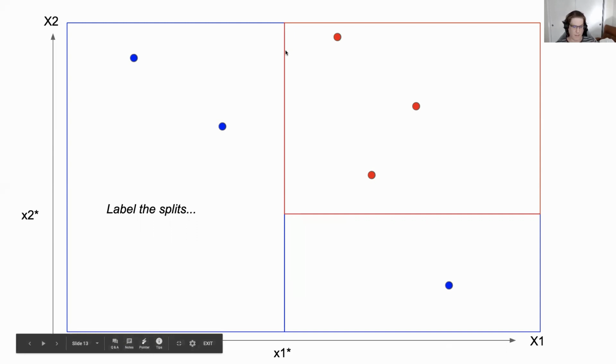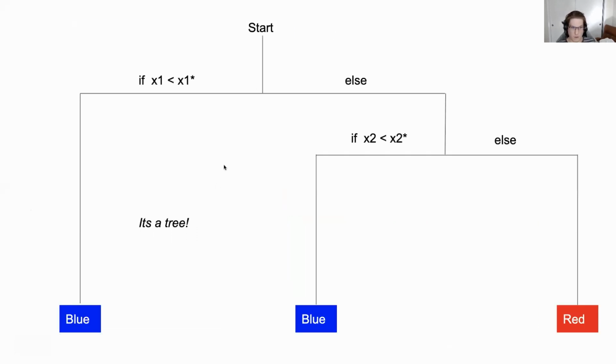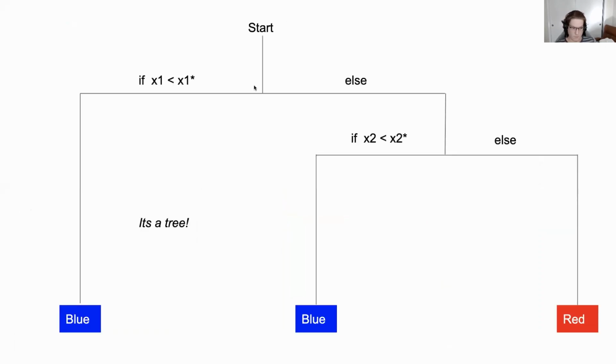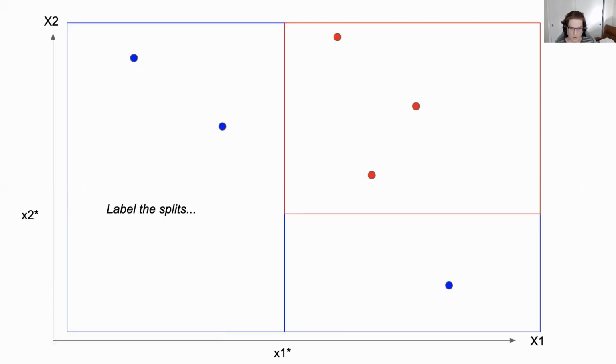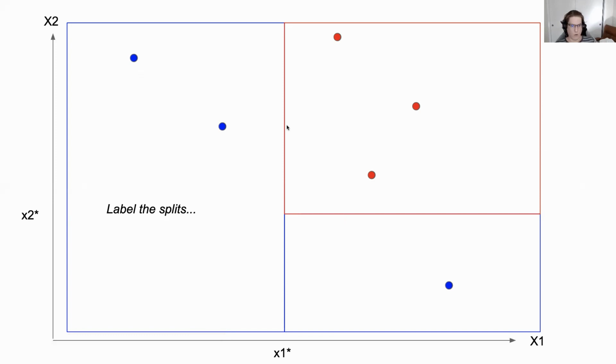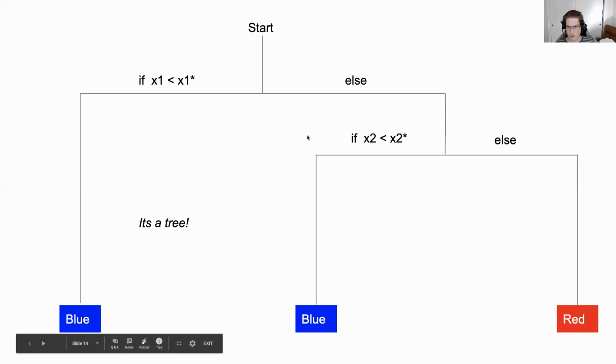Everything to the left-hand side is blue. So here, anything that's less than this particular value of x1 is blue. On the right-hand side, there has to be a second decision. If you're above x1 star, you go right.